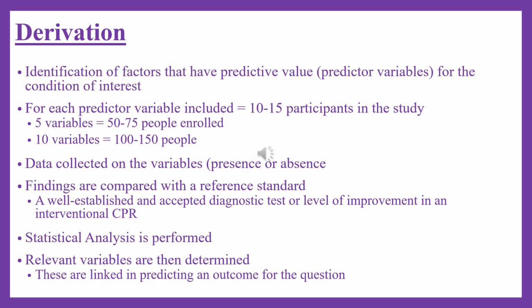Anyways, data is collected on those variables, and then the findings are compared with a reference standard, so a gold standard, a well-established and accepted diagnostic test or level of improvement in an interventional CPR. In medicine and healthcare, it's usually imaging or surgery, but it is some sort of very well-established and usually more expensive diagnostic tool, test, or intervention.